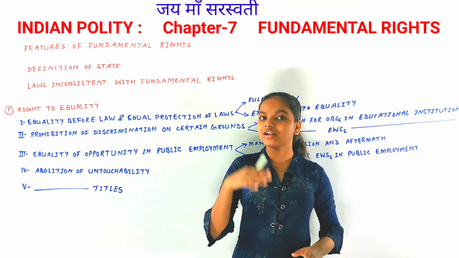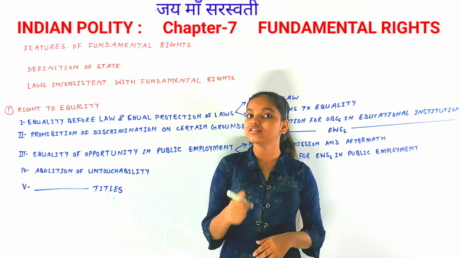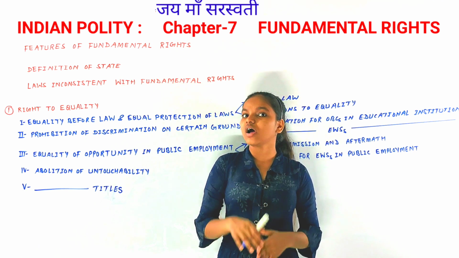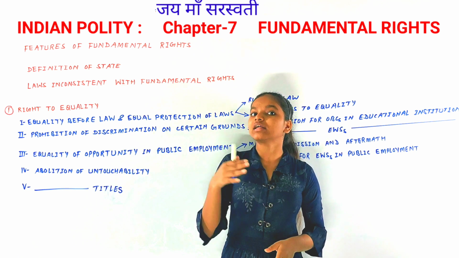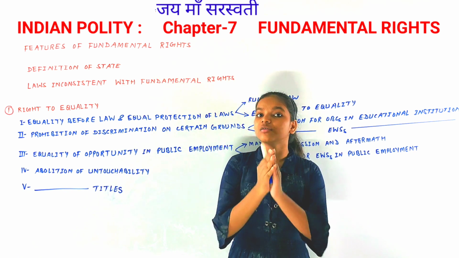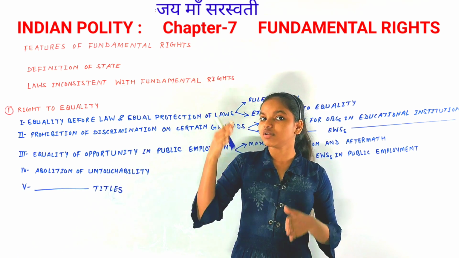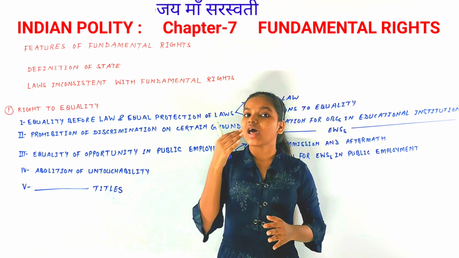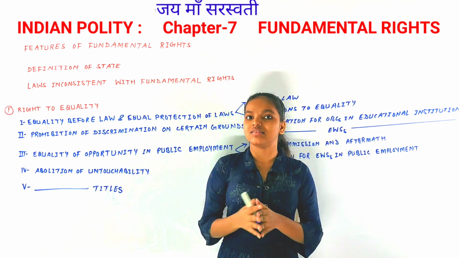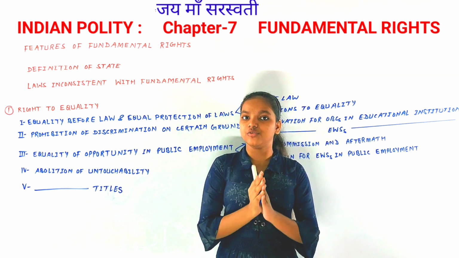Then the right to freedom of religion, under Article 25 to Article 28. Then educational and cultural rights, under Article 29 to 30. And the last fundamental right is the right to constitutional remedies, under Article 32.